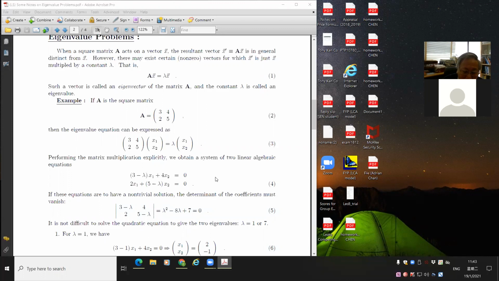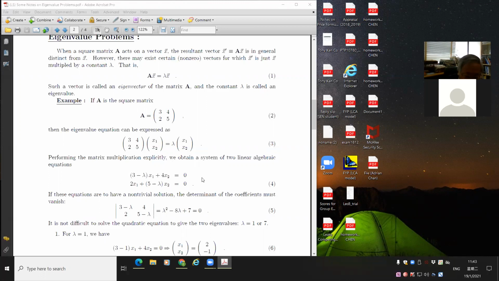Now, obviously there is a trivial solution, x1 equal to 0, x2 equal to 0. In other words, the null vector is a trivial solution of this set of equations.